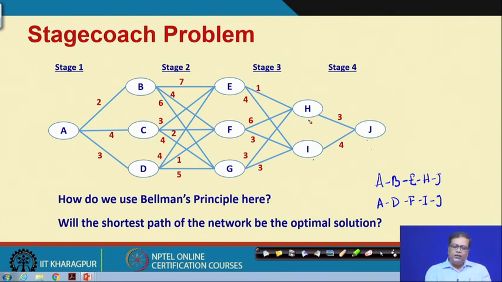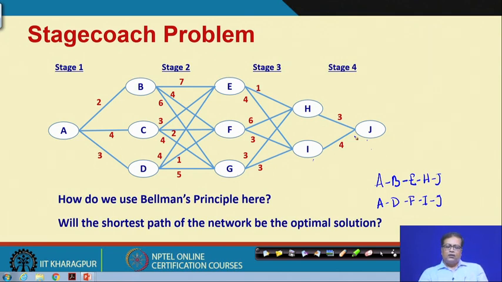So, I to J, that is the optimal distance from city I to city J. So, if we know that in order to go to J, either you have to come to I or to H, and the optimal distance from I to J is 4 and H to J is 3.